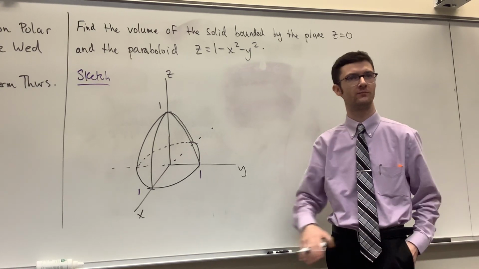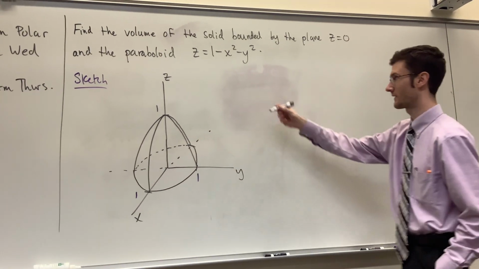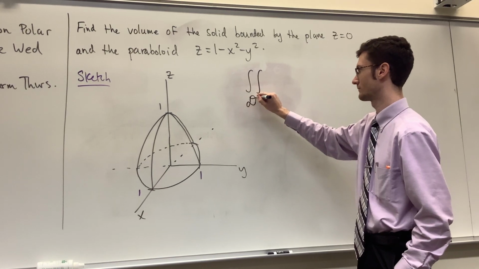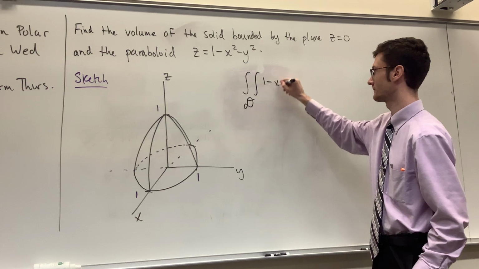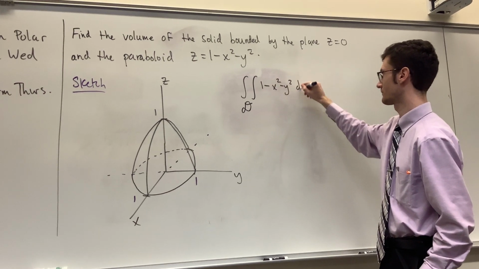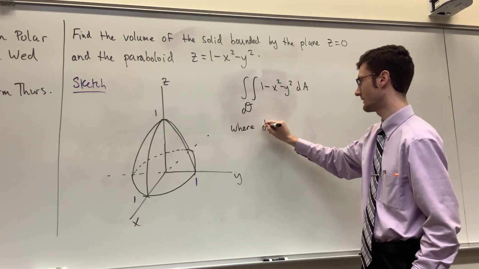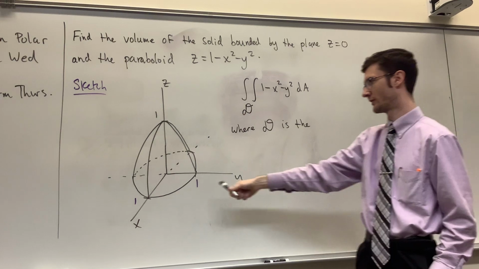We want the volume beneath the paraboloid and above this circle. Well, we're talking about this double integral. Z is 1 minus x squared minus y squared, where D, well, what circle is this?